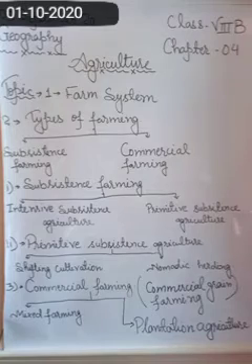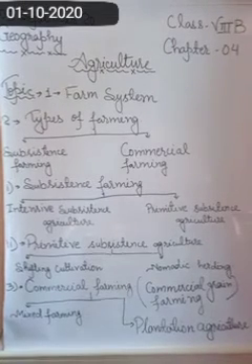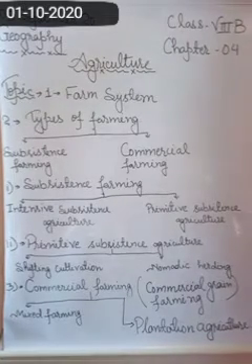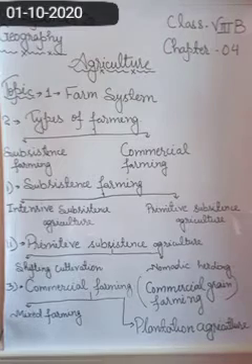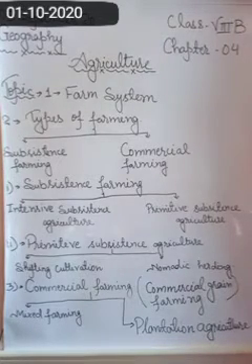And in intensive subsistence agriculture, people mostly grow rice, and after that wheat, maize, pulses and oil seeds.